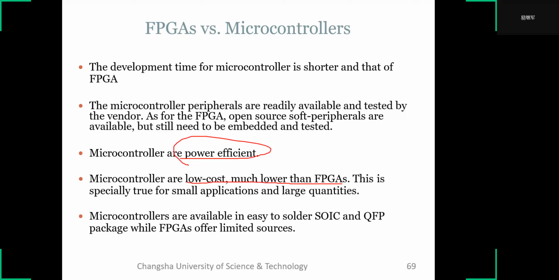This is especially true for small applications and large quantities. Microcontrollers are available in easy-to-solder SOIC and QFP packages, while FPGAs offer limited sources.